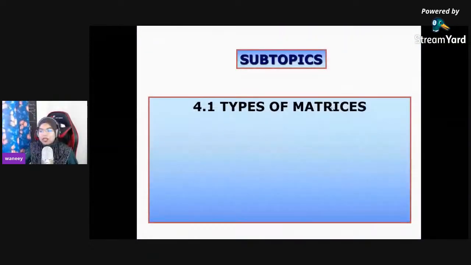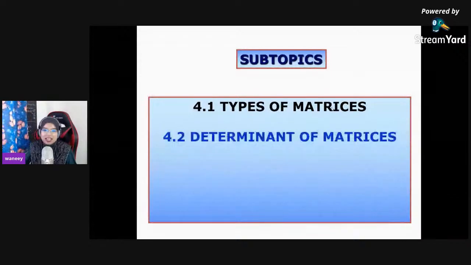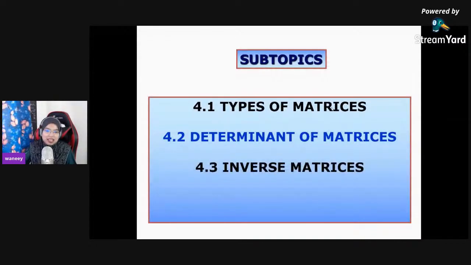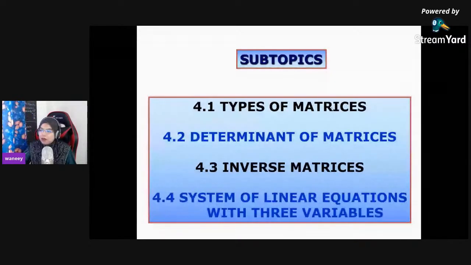There are a few subtopics in chapter 4. Firstly, in the first hour, we learn about the types of matrices and then how to calculate the determinant of matrices. For the third hour, how to calculate the inverse matrix. And for the last hour, it will be the system of linear equations with 3 variables.